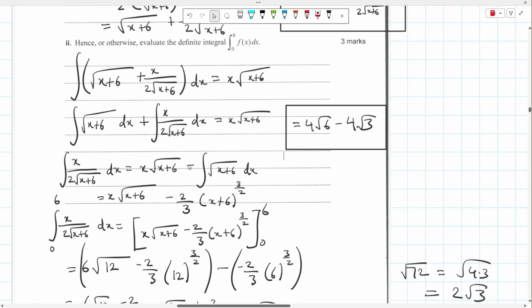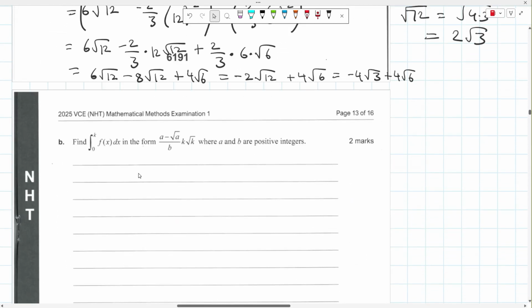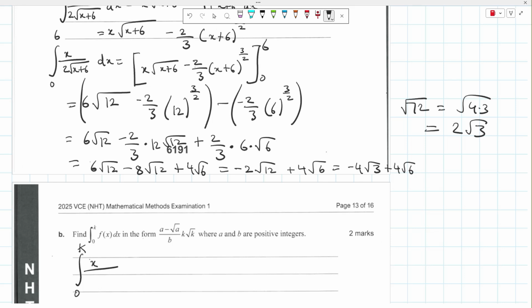Right, so definitely a bit of hefty working out, but we got there in the end, once again. Okay, a 2-mark question, the final question on the exam. Find the integral from 0 to k of x over 2 times square root of x plus k, dx.